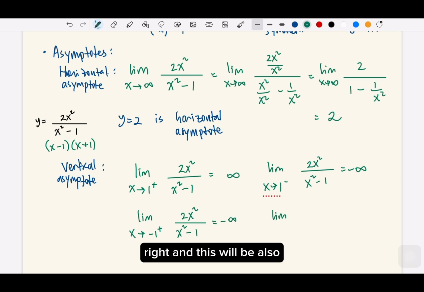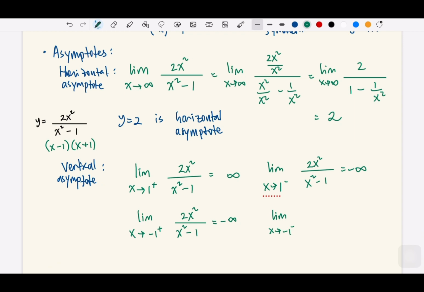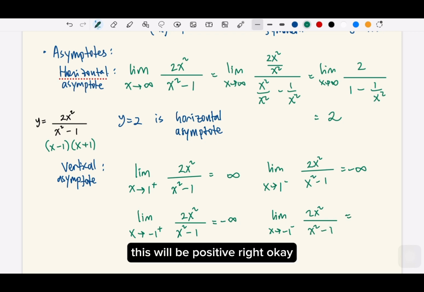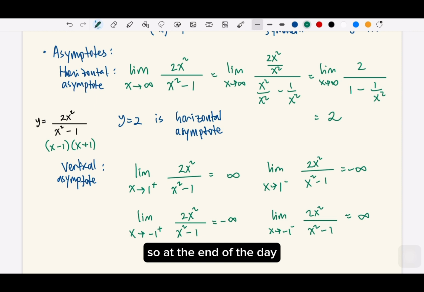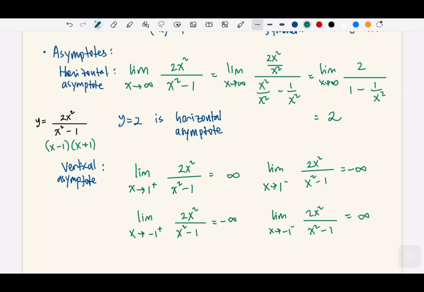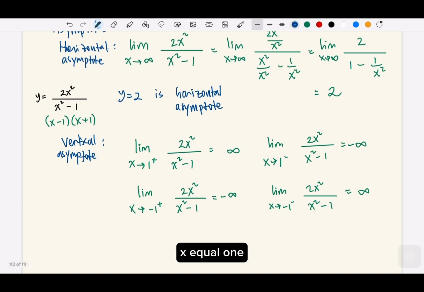And this will be also, this will be positive, right? Okay. So at the end of the day, x equal 1 and x equal negative 1 are vertical asymptotes.